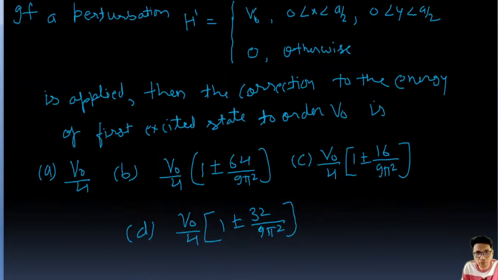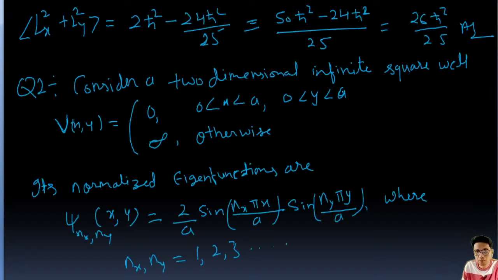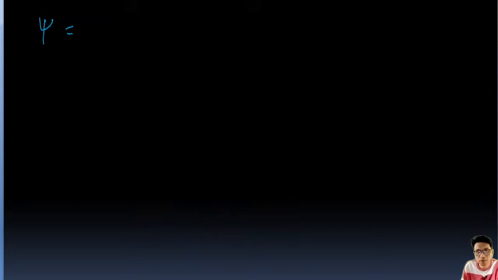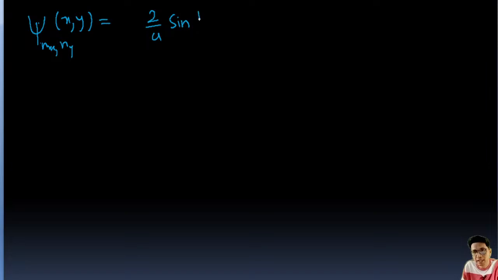I'm going to write it: psi n_x, n_y, which is a function of x, y, is 2 by a sine n_x pi x upon a sine n_y pi y upon a.